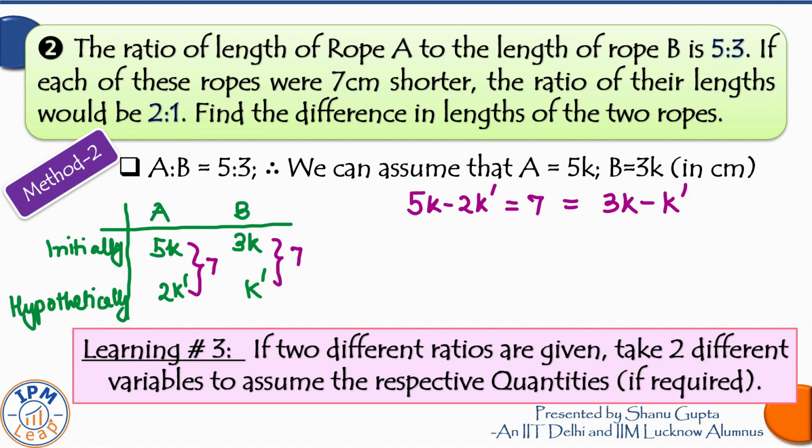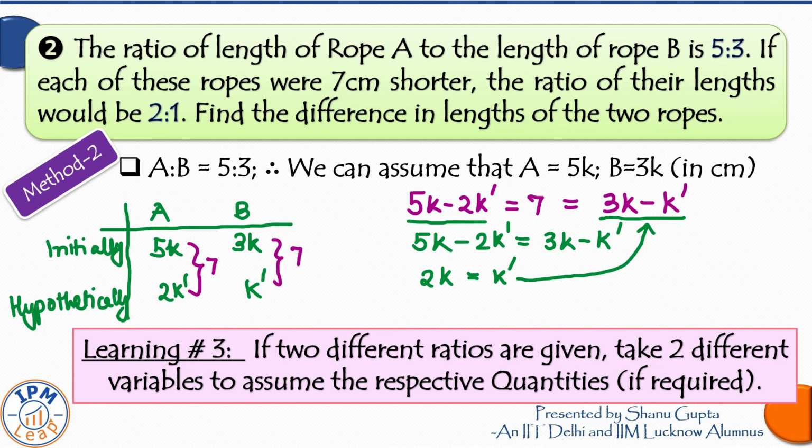So collecting all terms with variable K on the left hand side and the variable K dash on the right hand side, we get 2K is equal to K dash. So see, if we had taken the same variable, we would have made a mistake. We use this value of K dash in our original equation to get 3K minus 2K is equal to 7.